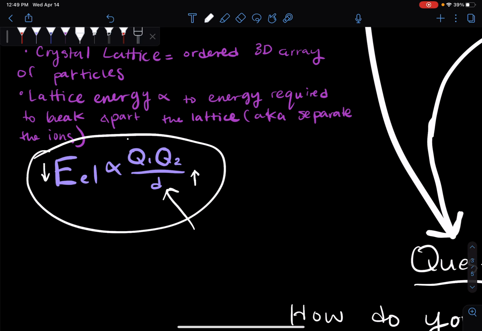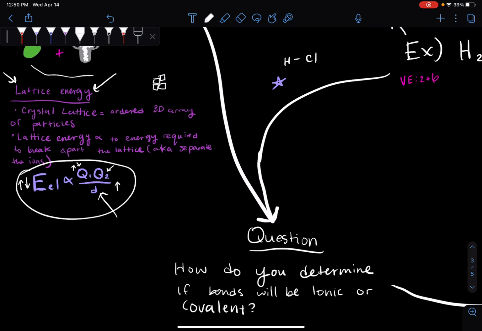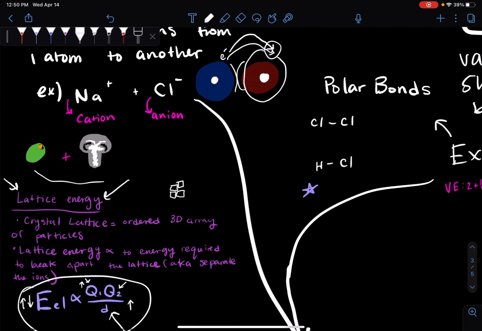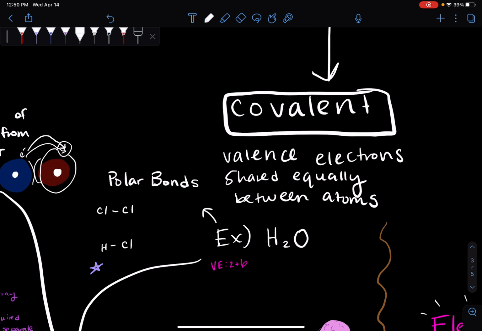And this right here is the charge of one ion, and this right here is the charge of another ion. And so if those increase, then that's going to increase the energy required to break those bonds apart. Okay? Sweet. Next, we're going to have covalent bonding.